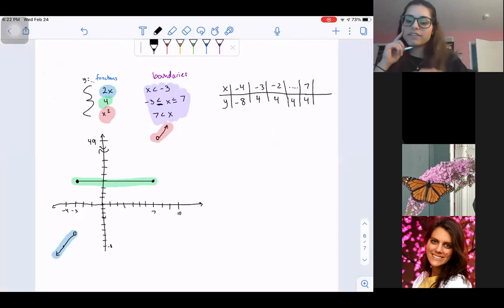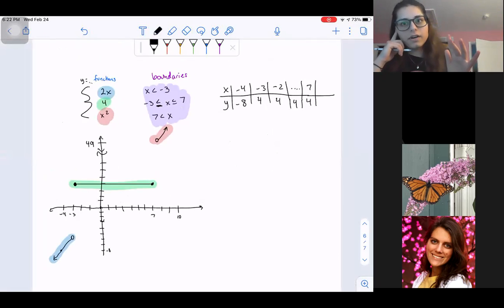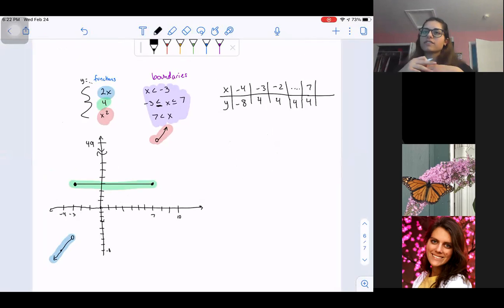Yeah, so we have 3 different functions, right? And it's kind of like we've drawn all 3 functions and then we've erased what doesn't apply to our specific graph. So piecewise functions are like drawing several functions on the same graph, but limiting them to certain boundaries. That's how I like to think of it. The tricky part is just knowing when to put closed and open circles.